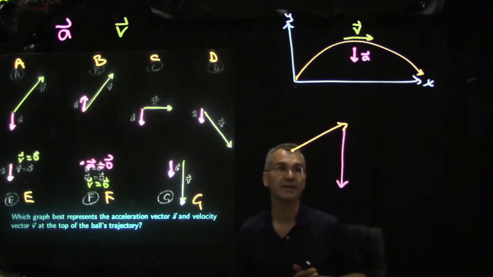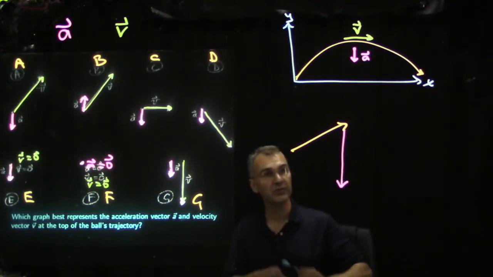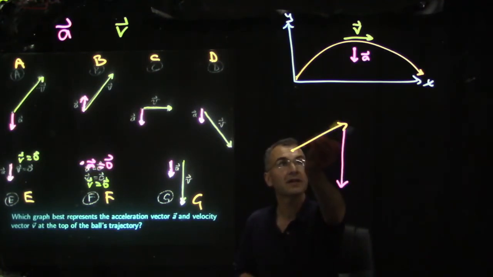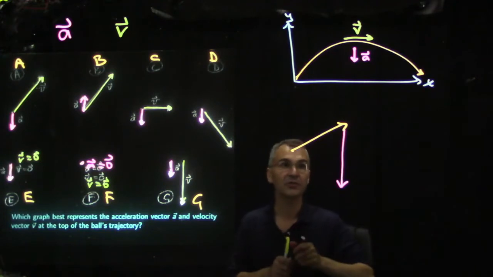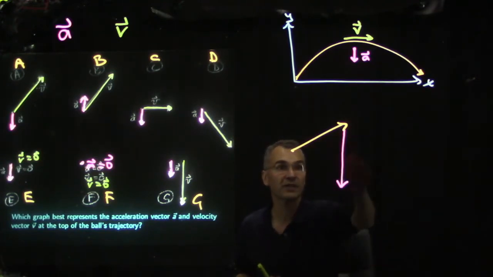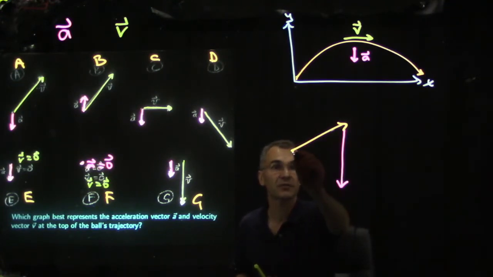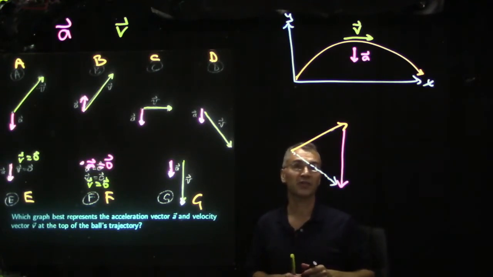Let me just say that last point again. The velocity vector, the instant before it reached its apex, was pointing up and to the right. I'm exaggerating how up it was, but it's up and to the right. And then you want to turn it into something that points down and to the right. And if you add something that points straight down to something that is pointing up and to the right, the result, when you combine these arrows tip to tail, is something that points down and to the right.